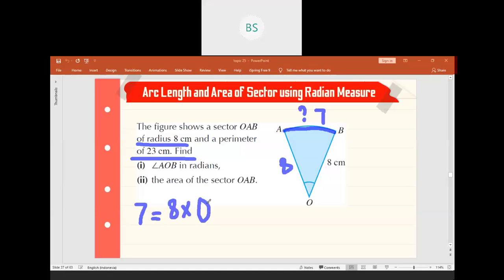The arc length, if it is in radian unit, is just radius times the radian angle. So the theta will be how many?